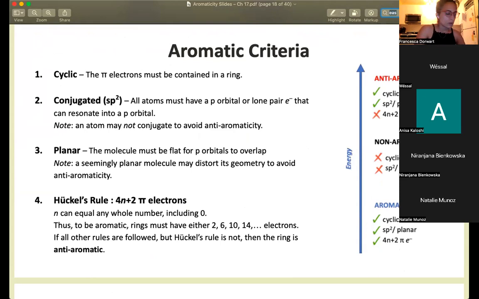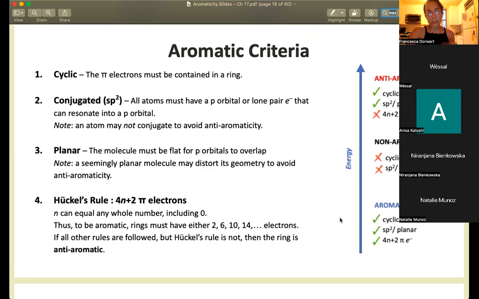Okay, so these first three criteria are just for the sake of determining if we even get to aromatic versus anti-aromatic.